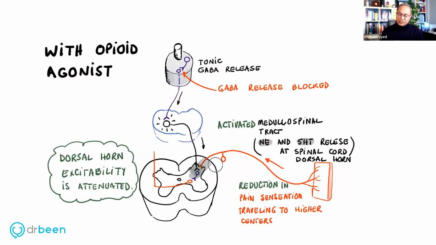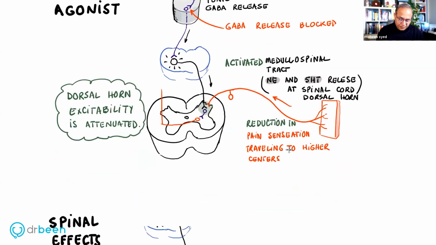The end result is that the dorsal horn of the spinal cord becomes more stable. The resting membrane potential increases. And that is done by norepinephrine and 5-hydroxytryptamine. So that is the higher center analgesic effect of opioid, or supraspinal effect of opioid.